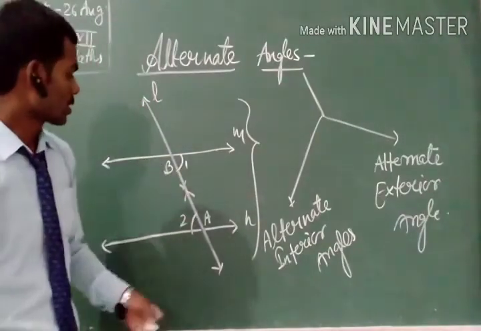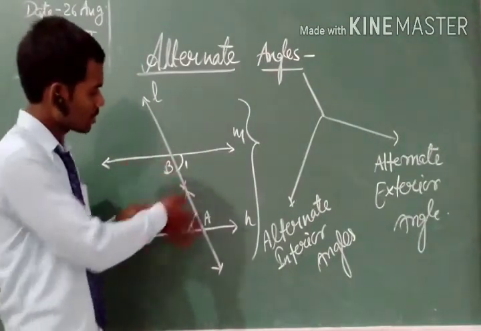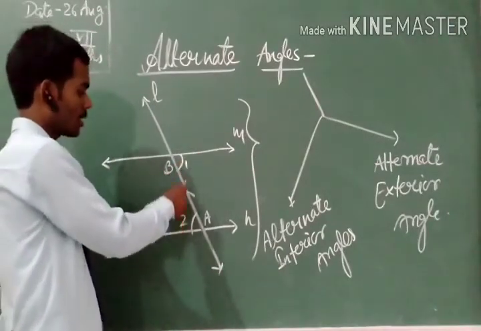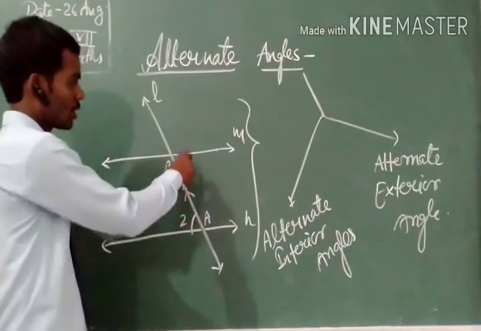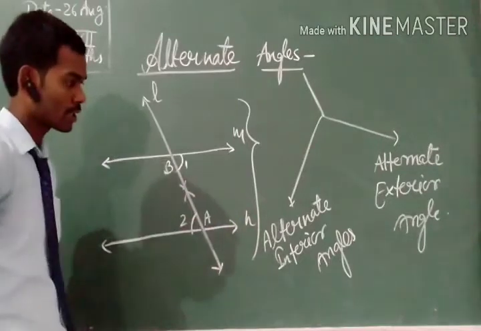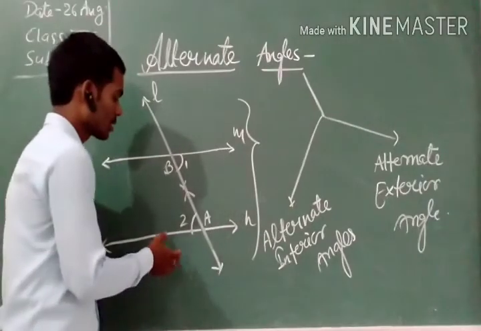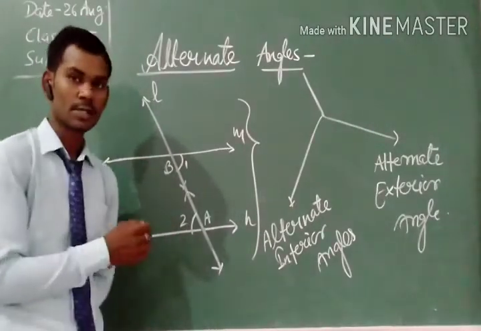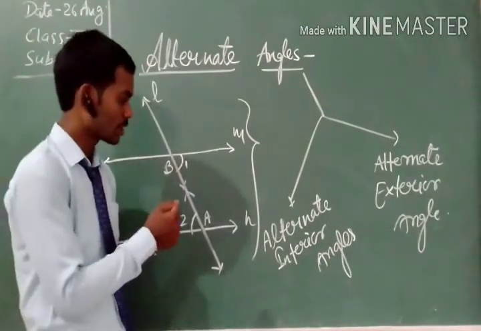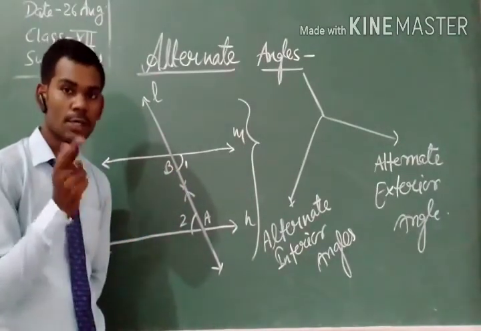In the figure, if the alternate angles are lying between the given lines M and N, then they are interior angles, and if the angles are not lying between M and N, then they are exterior. But the definitions of alternate interior angle and alternate exterior angle are slightly different.